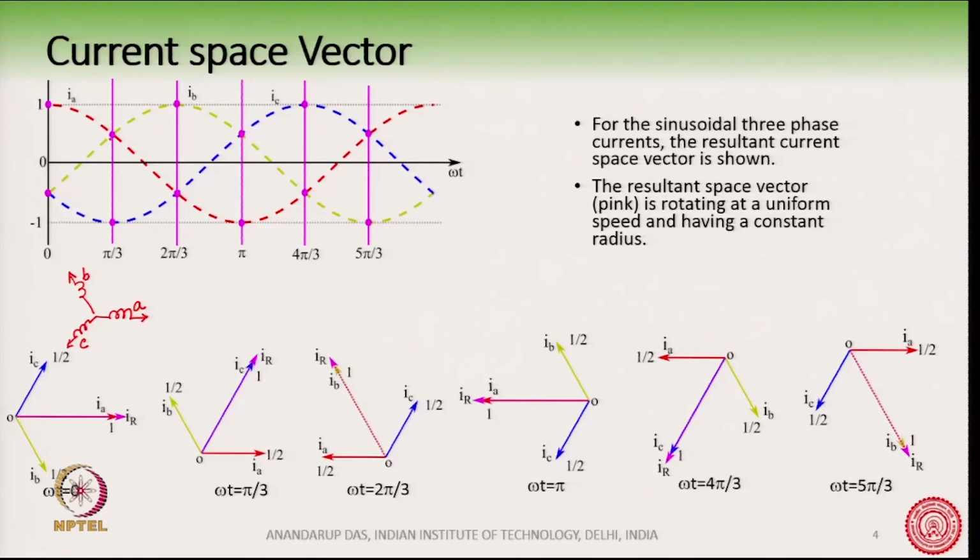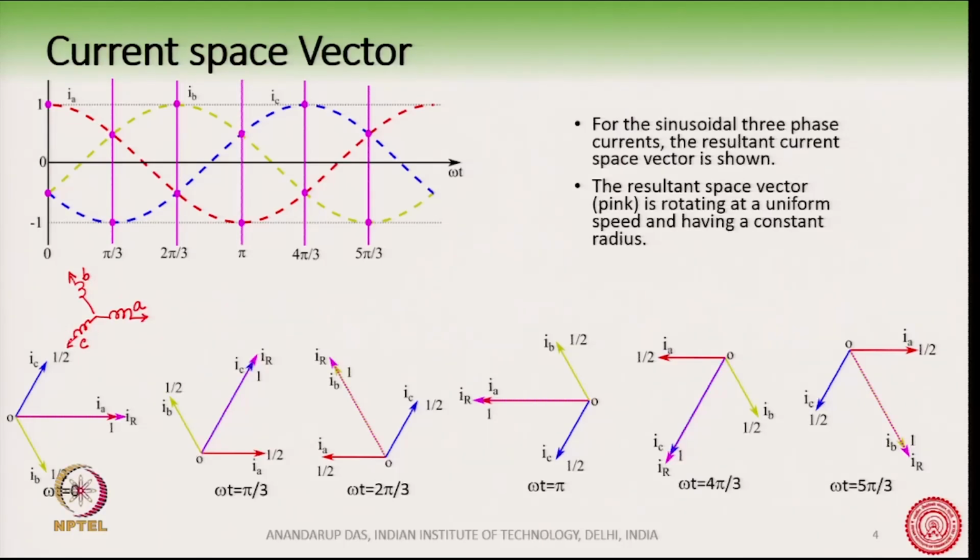we see here that I_A has reduced to a lower value, while I_B has increased and I_C has reached the negative maximum. So I_A has reduced in magnitude, still in this direction; I_B is positive and has become like this, while I_C is at its negative peak, which means the C axis is in this direction.